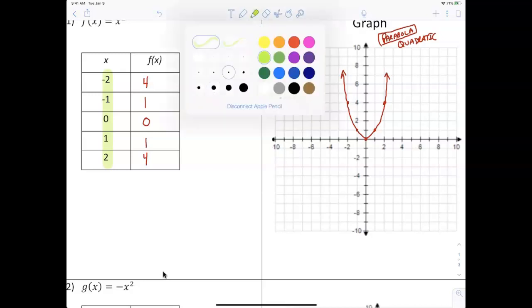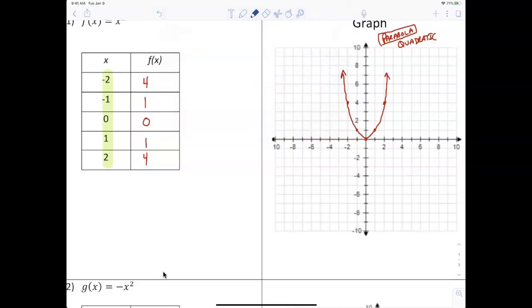I mentioned earlier that there's some symmetry here, and the reason is that this line right here is actually called the axis of symmetry. And the equation of that line in this particular moment is x equals 0. Now, why is it called the axis of symmetry?